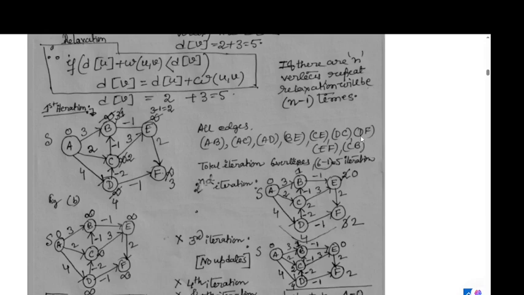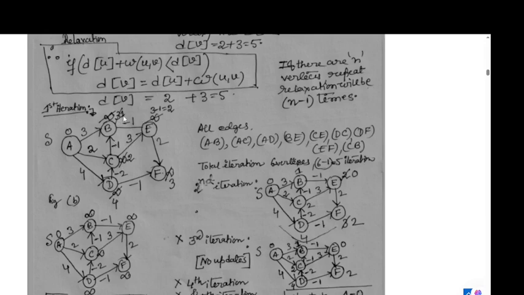Then we have DF. D is already 4, and this edge is minus 1, F is infinity. So 4 minus 1 will be 3, so infinity will be updated by 3. Then finally we have CB. This is 2, this is minus 1, so 2 minus 1 is 1.